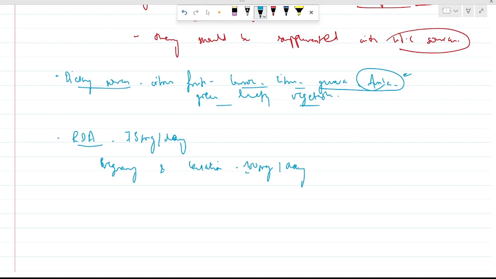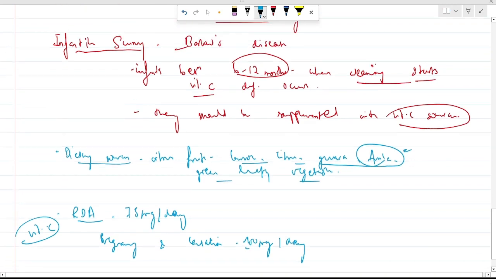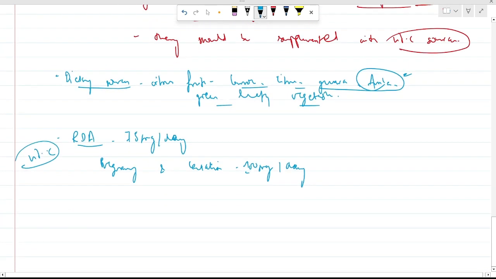So this is the RDA for vitamin C. That's why I advised we should try to take lemon juice in our diet every single day, because the RDA is a bit on the higher side.